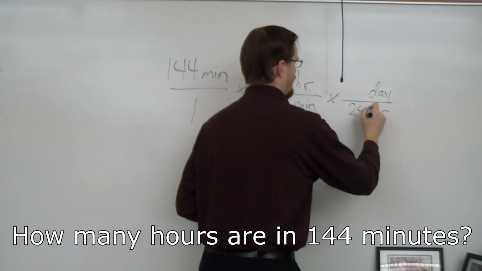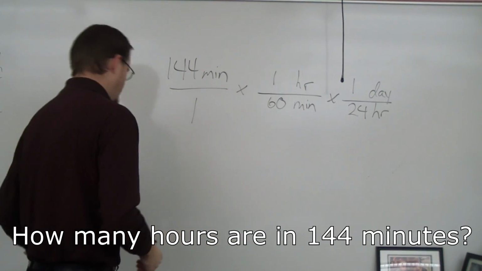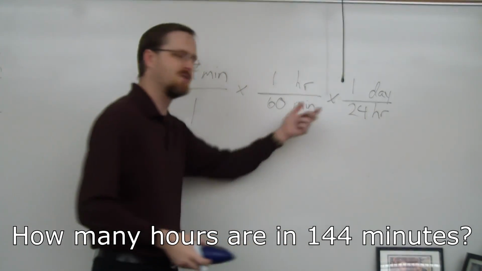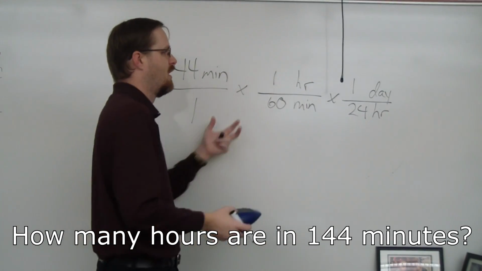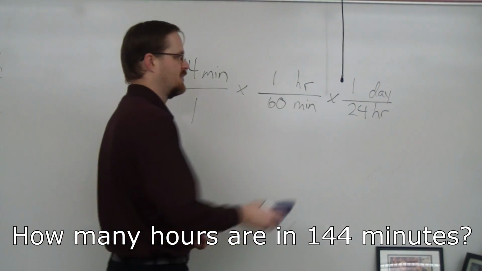There's 24 hours for every 1 day. Okay, now obviously since our question didn't originally say that, that's not what we're going to do, but I was just showing that to you as an example of you can just keep this going until you finally get to the unit that you're looking for.